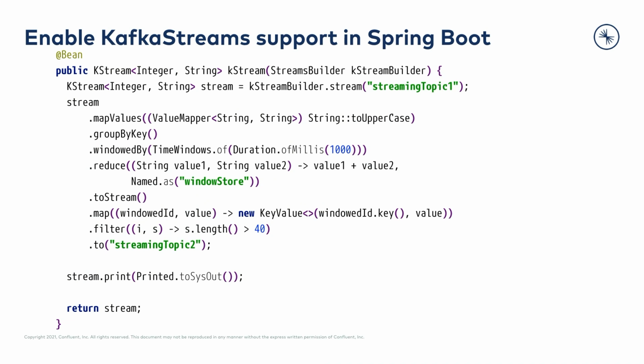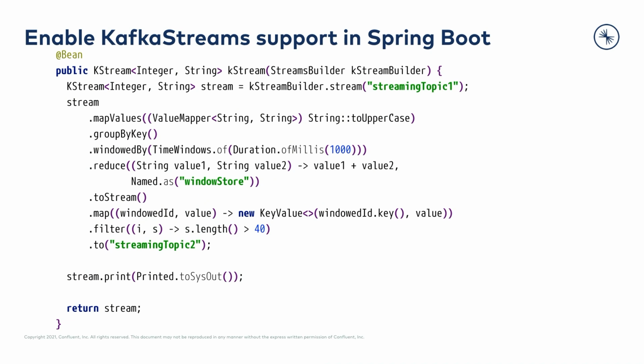What I like about using Kafka Streams with Spring Boot is that you can very quickly start focusing on your topology, on your KStreams and your KTables, where you don't need to worry much about the lifecycle. Spring will take care of it.